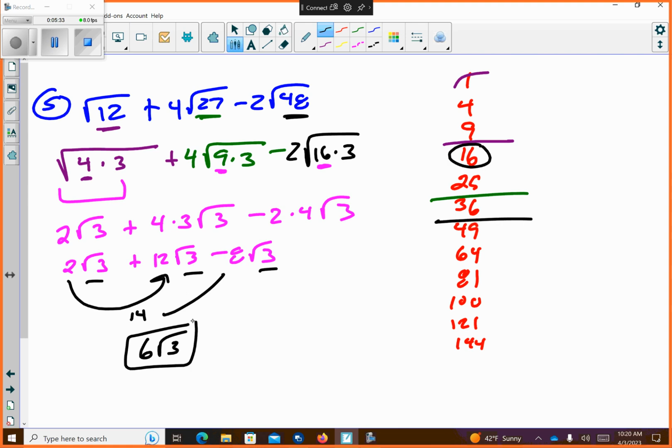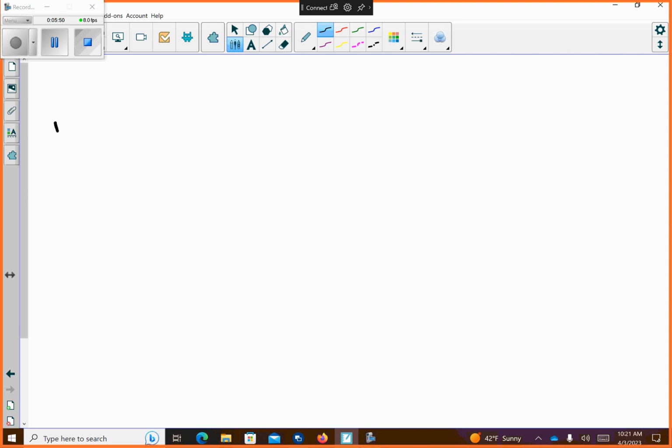Any other problems you would like to take a look at? 13? Yeah. Got it. Number 13. 13 looks like it could be totally complex.